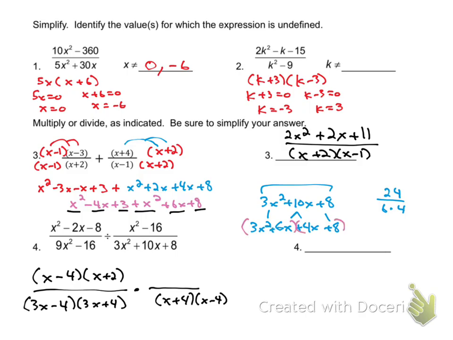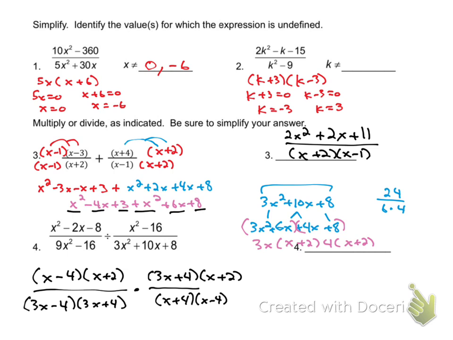Factor by grouping. Can take out a 3x, leaves me with x plus 2. Can take out a 4, leaves me with x plus 2. So that will be 3x plus 4 times x plus 2.